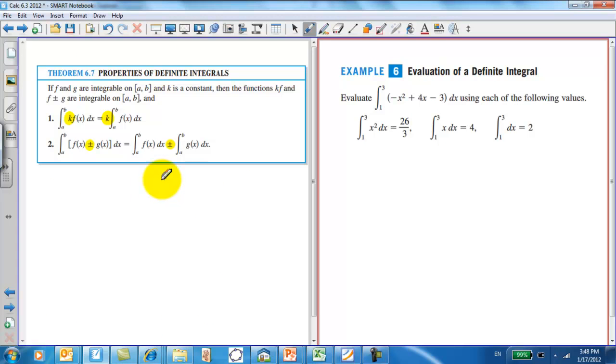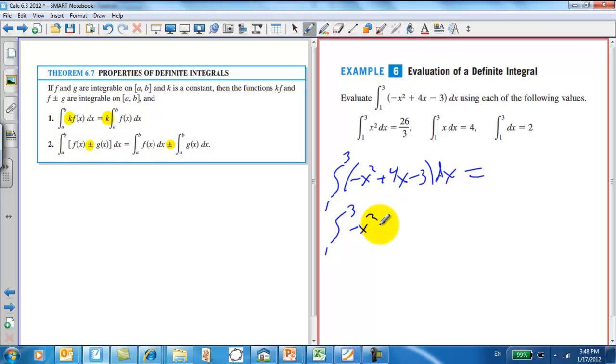Now, let's evaluate some definite integrals using each of these following values. That is, we're going to apply this property of splitting things up. So I'm going to split this original expression, the integral from 1 to 3 of -x squared plus 4x minus 3 dx, into the integral from 1 to 3 of -x squared dx, plus the integral from 1 to 3 of 4x dx, minus the integral from 1 to 3 of 3 dx.